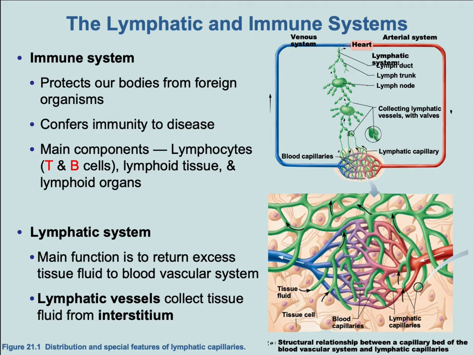Now, the lymphatic system's function is mainly to return the excess tissue fluid back to the blood vascular system. The lymphatic vessels collect this fluid and then transport it back to the bloodstream. In this image, you can see that blood capillaries are surrounded by loose connective tissue that contains the tissue fluid.